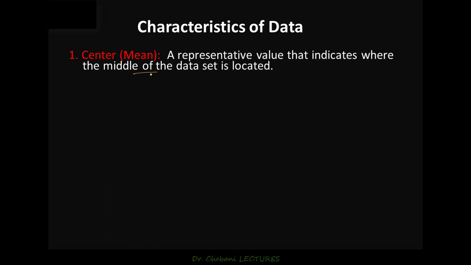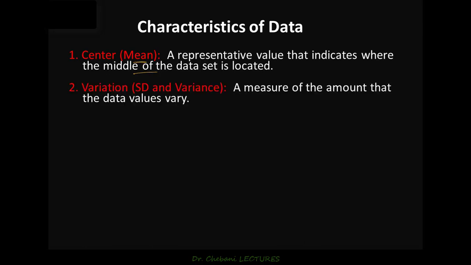So it's basically what we call the average or the arithmetic mean, or simply the mean. Number 2 is we are also interested in the variation. How spread out are the data points from the mean? And to measure variation, at minimum we would use 2 related values, that is the standard deviation and the variance.